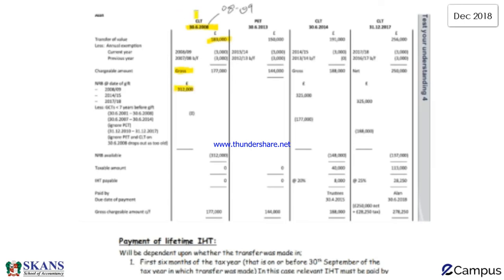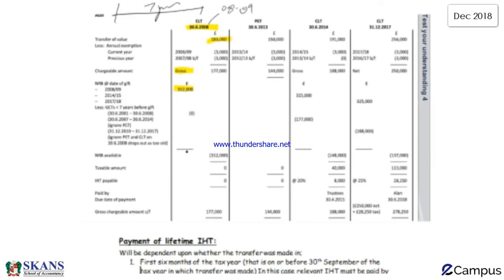Now you should look 7 years before the date of transfer, and find out whether there are any chargeable lifetime transfers in the 7 years before this date. Well, as it was his first lifetime transfer, we would not be able to find any gross chargeable amounts of chargeable transfers made in the previous 7 years.